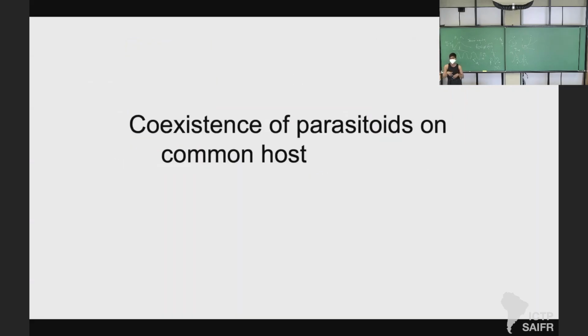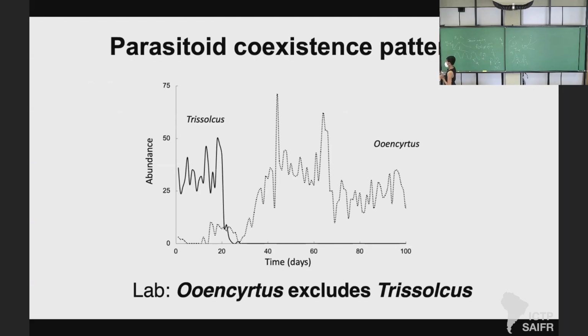This question has been a puzzle. It's something I started studying when I was a graduate student. It's very puzzling. If you do competition experiments in the lab, Oencertus, the intraguild parasite, excludes Trisochus, the intraguild prey, within a single generation, all the time.